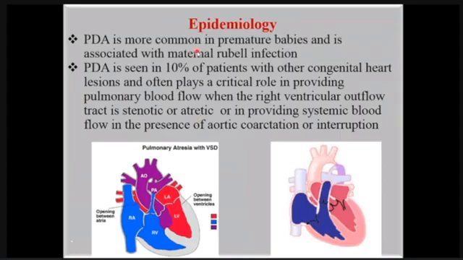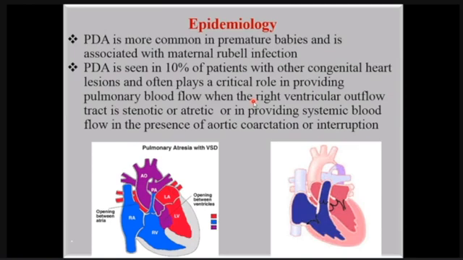It might be associated with prematurity. There is a high incidence of PDA in premature babies because the muscular layer of the walls of the ductus arteriosus in premature babies is not well developed, as they were born prematurely, and they are not responsive to the constrictive effect of oxygen like full-term babies.